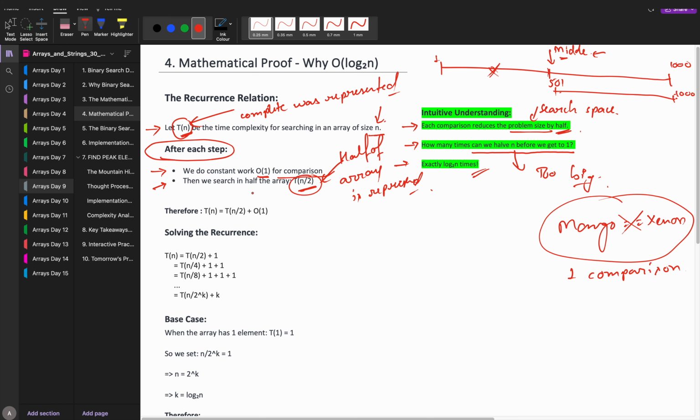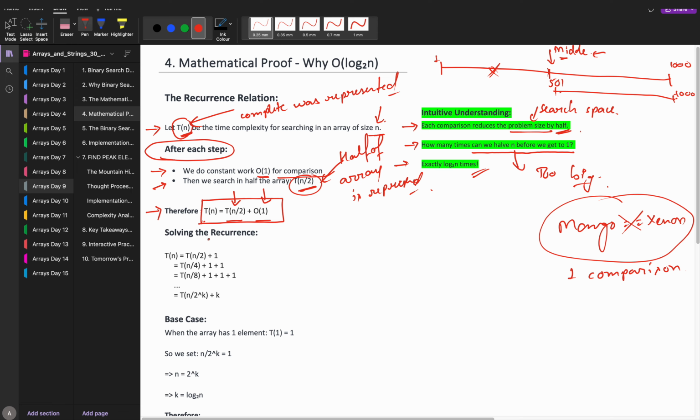So the equation would become T of n is equal to T of n by 2 plus order of 1, because this is the constant time for the comparison, but this much of the problem is still left for us to solve. So T of n becomes T of n by 2 plus 1.